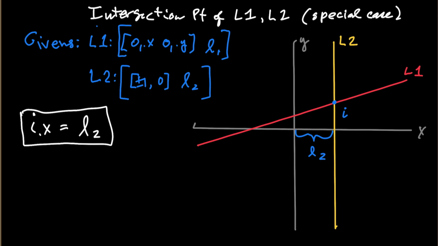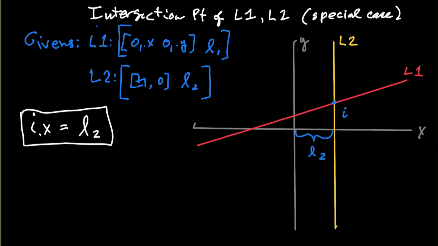All the points on L1 obey its vector line equation, and we're going to use that. Since we already know the x-coordinate of the solution point I, and we've got a line equation for L1, that should be enough information to allow us to solve for the y-coordinate.